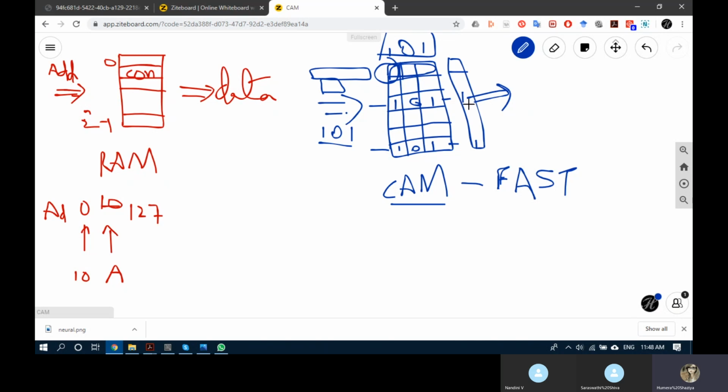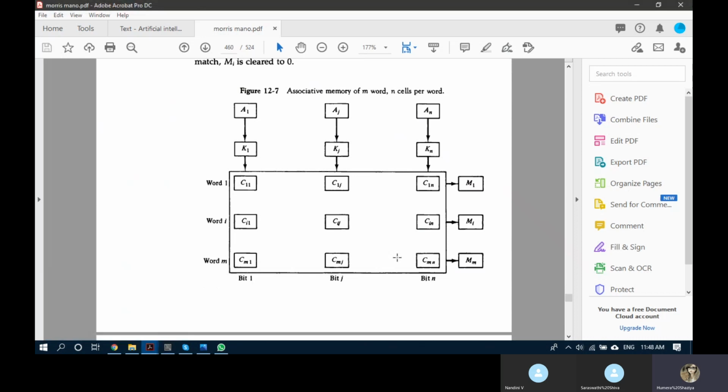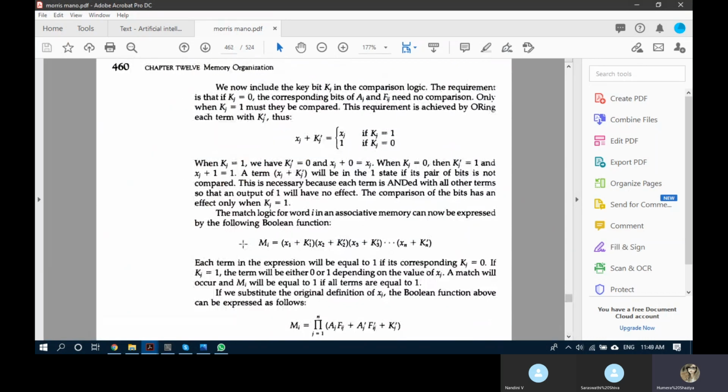To do all this, computationally, mathematically, we are expressing how to do all that. So M will be set to 1. This is whatever is the M value.